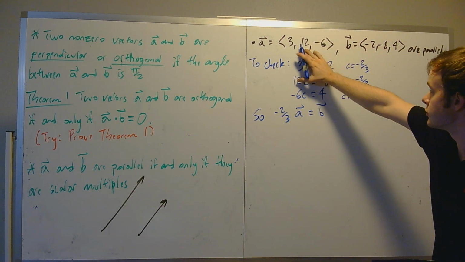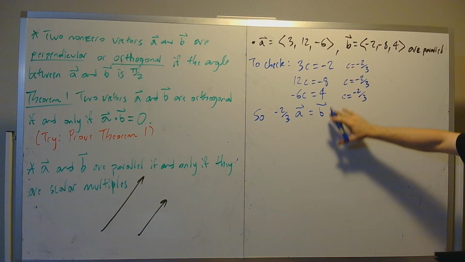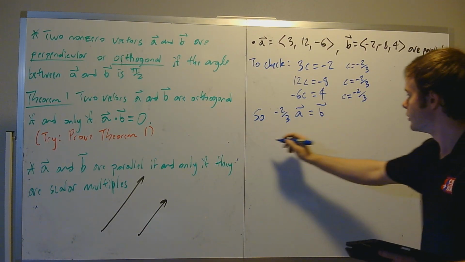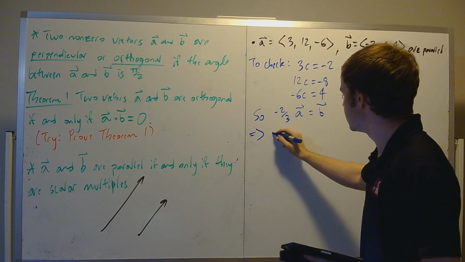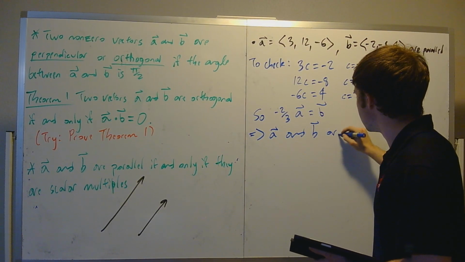If you multiply this vector by negative 2/3, you get back to the second vector. So this check shows that they're scalar multiples, meaning A and B are parallel.